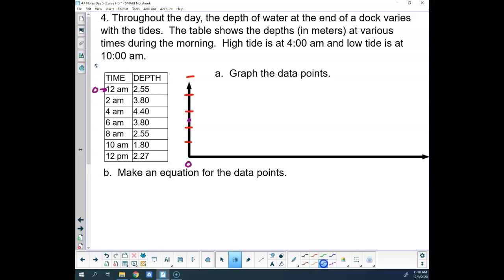We're right about that. At 2 a.m., the depth was 3.8.